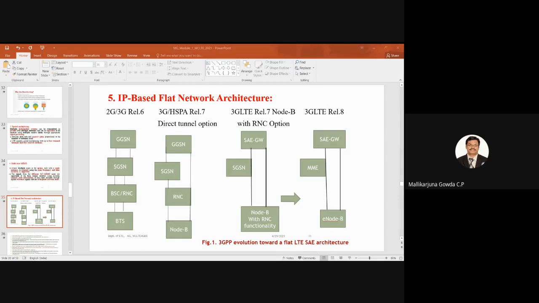Anyone of you can say, by using beam forming, what is the achievement? What is the advantage of beam forming? Reliability, battery life, capacity, and coverage range.